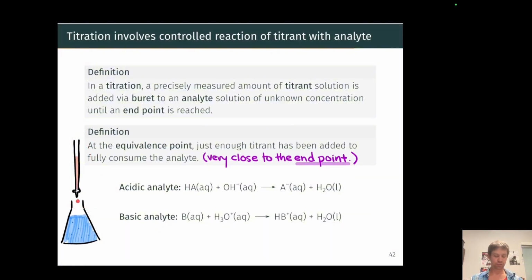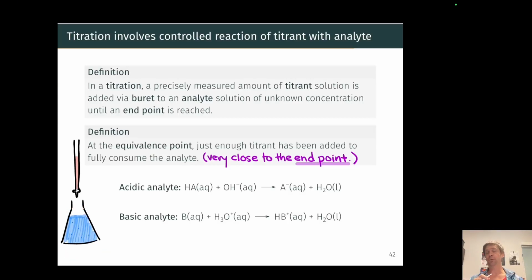The titrant is dripped into the solution of the unknown component, which is called the analyte. That unknown solution is called the analyte solution. And we keep doing that until some change is observed that indicates that the reaction has just completed. And as liquid leaves the burette, we make volume measurements to determine how much volume of titrant solution we added. And we can use that to work stoichiometrically to the concentration of analyte in the analyte solution.